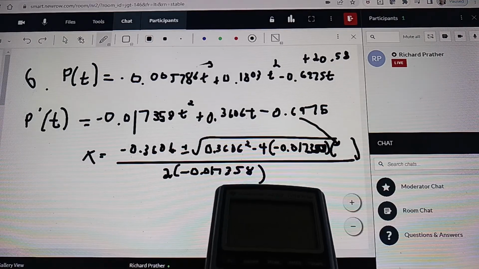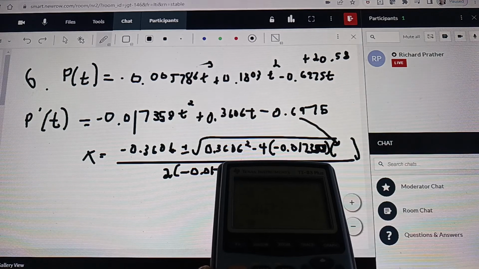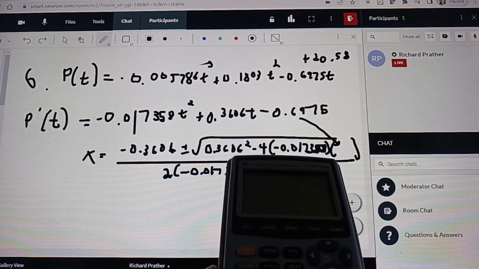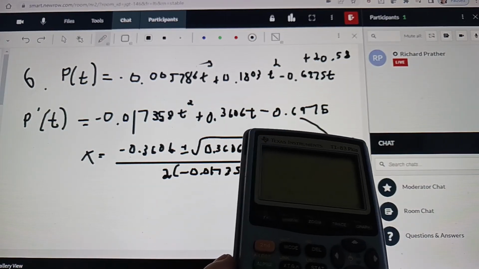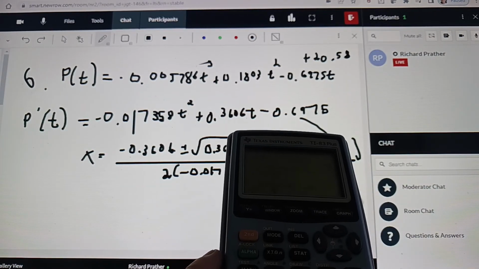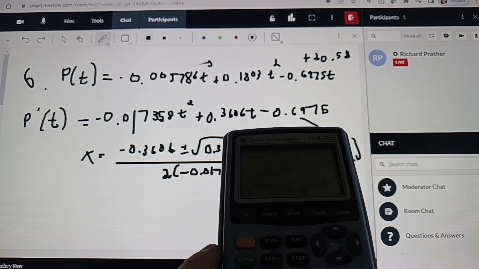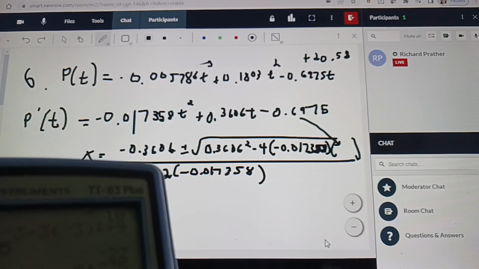So I would do the inside of the radical first. 0.3606 squared minus 4 times negative 0.017358 times negative 0.6975. So the inside of the radical is this decimal.